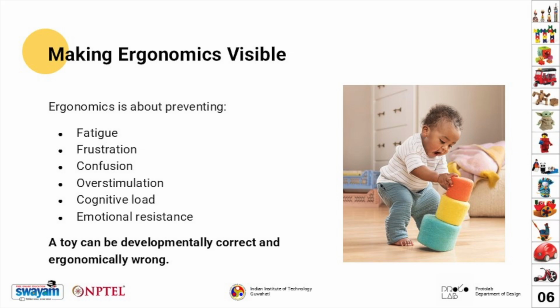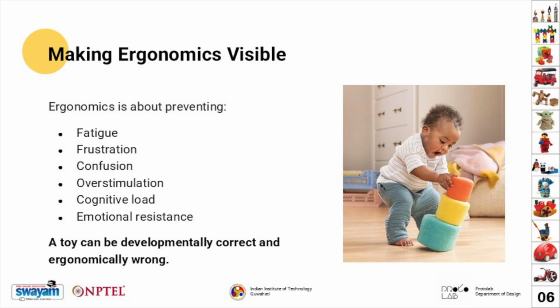When lights, sound, and movement overwhelm the senses, we see overstimulation. When too many decisions are required at once, we see cognitive overload. When failure is frequent or publicly visible, we see emotional resistance.